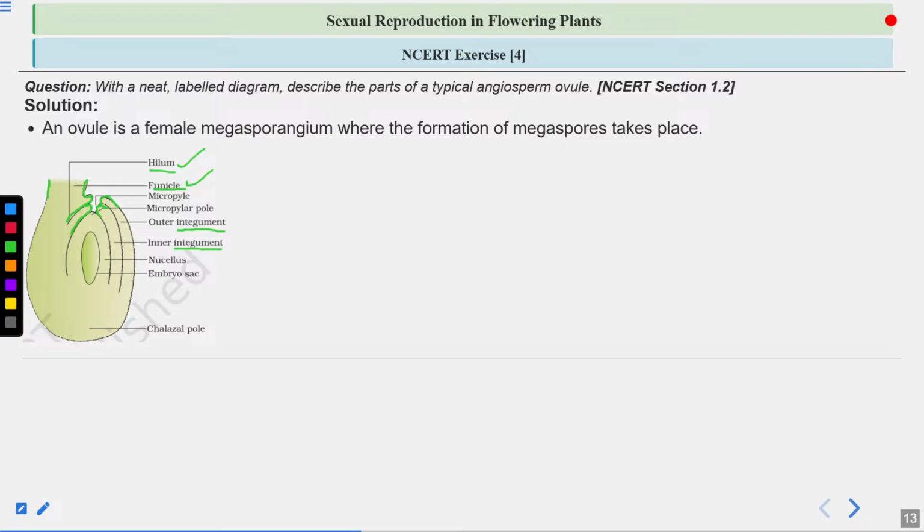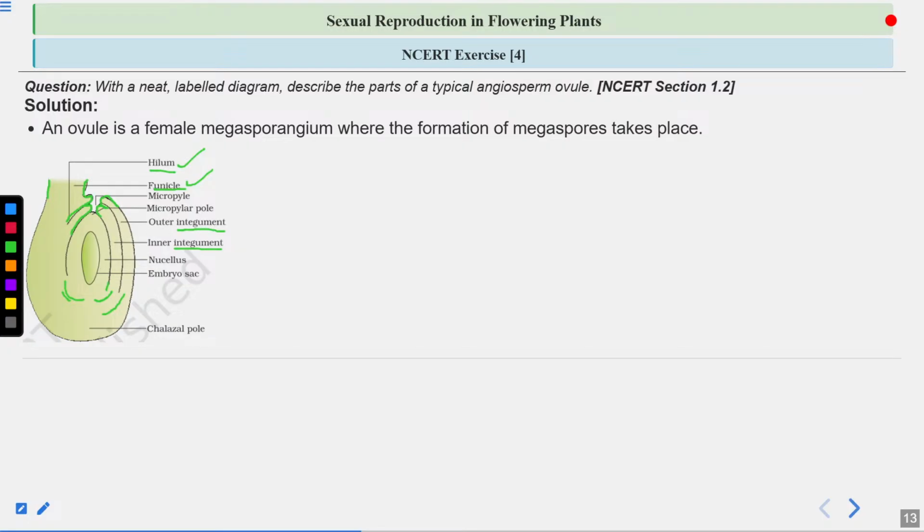The inner integument and the outer integument. These inner and outer integuments are actually the outgrowth from the chalazal pole. Okay, it is extended from the chalazal pole, and there is an outgrowth from this side to this side, right? So this is the outer integument and inner integument.